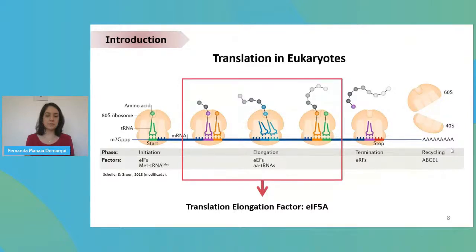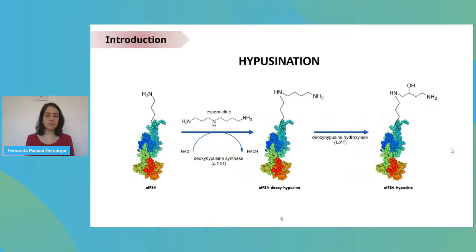eIF5A undergoes hypusination, an exclusive and spermidine-dependent post-translational modification that converts a specific lysine residue by the action of two enzymes, deoxyhypusine synthase and deoxyhypusine hydroxylase. This is in yeast, in Saccharomyces cerevisiae.